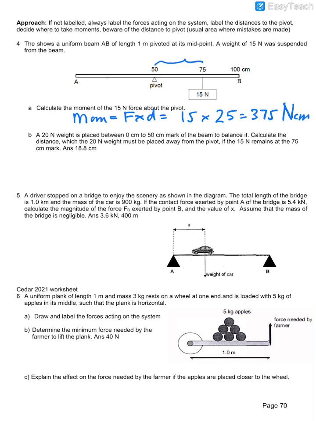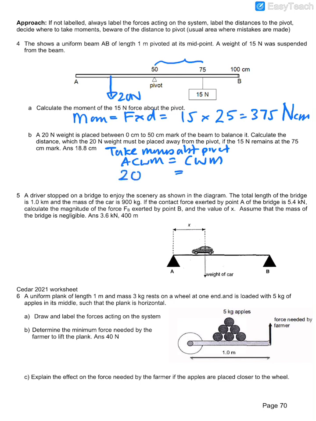Now part B. Maybe part B is harder. So, write the two lines again. Anti-clockwise moments equals clockwise moments. You're going to put the 20 newton on the left side, so it creates an anti-clockwise moment.